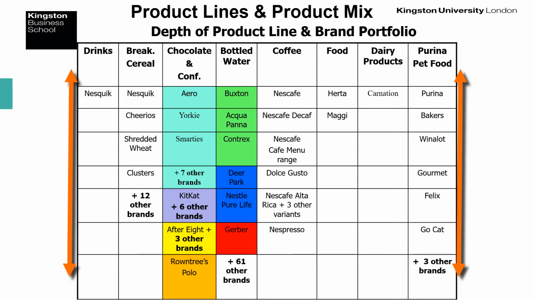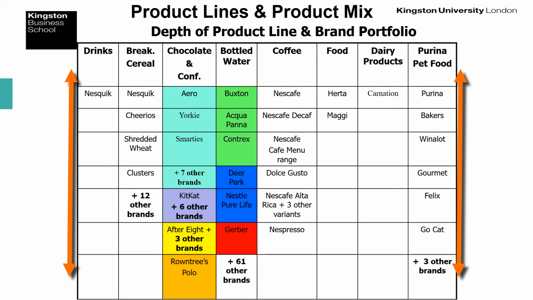One cell to the right, you can see Nesquik breakfast cereal. And indeed, the Nesquik brand has actually been extended into other product categories that aren't shown on this example of a product brand matrix, such as ready-to-eat dessert pots and things of that nature.